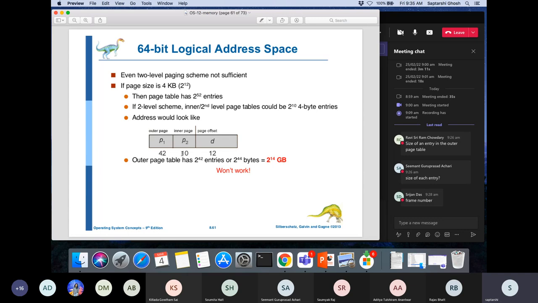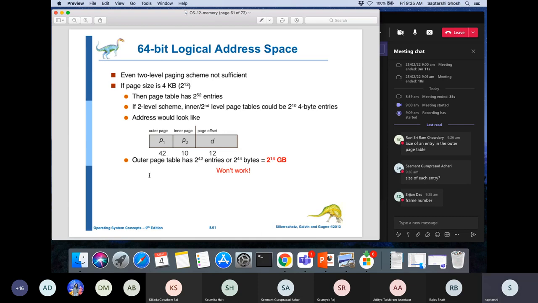So we might keep 10 bits for accessing a particular entry within a page of a page table. But even that leaves out 42 bits.